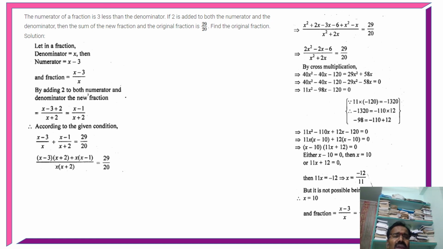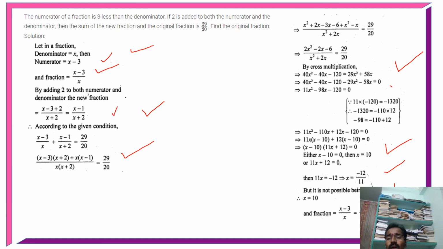The numerator is given. Same process, students. Apply the appropriate method: read the question, frame the equation, and we get a quadratic equation.